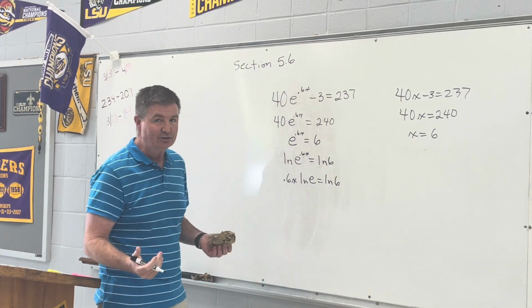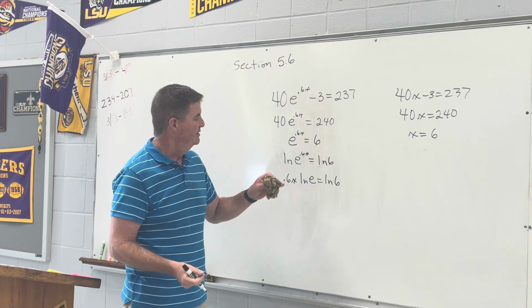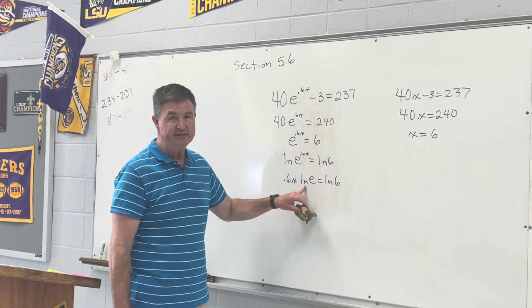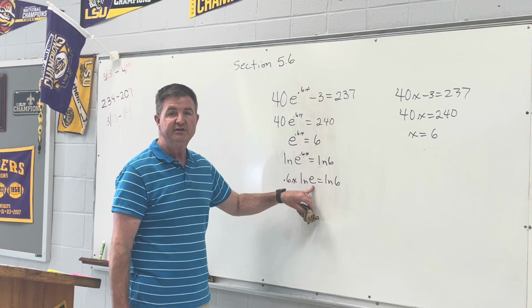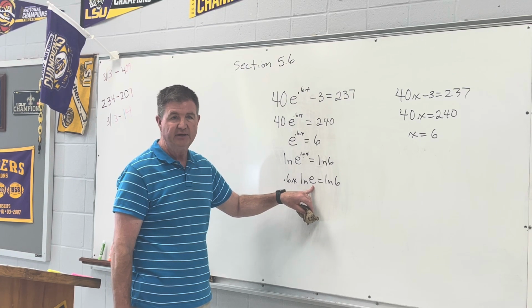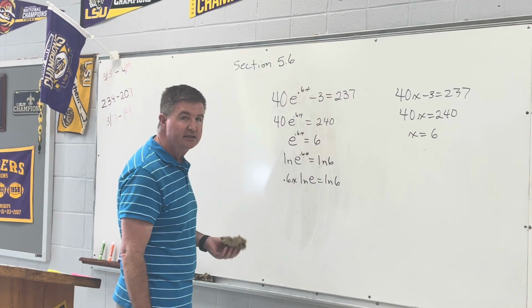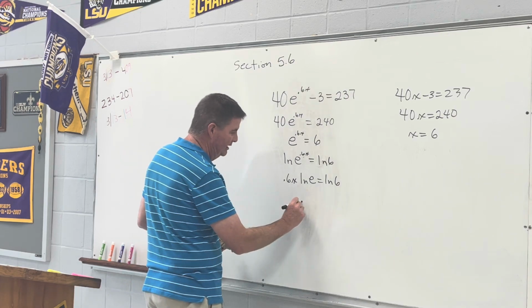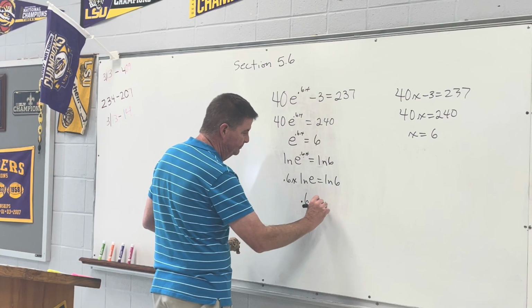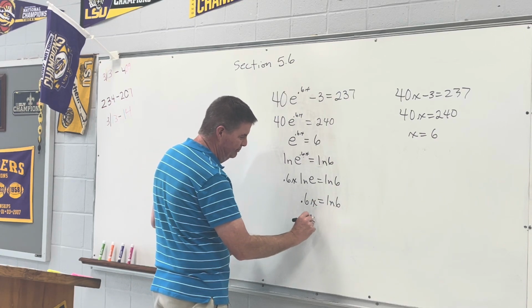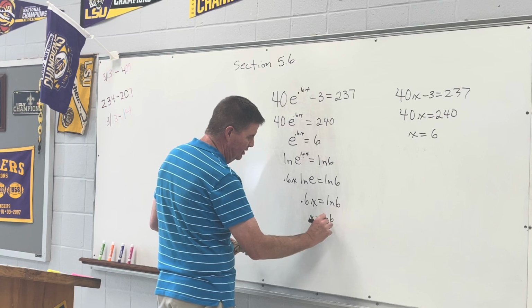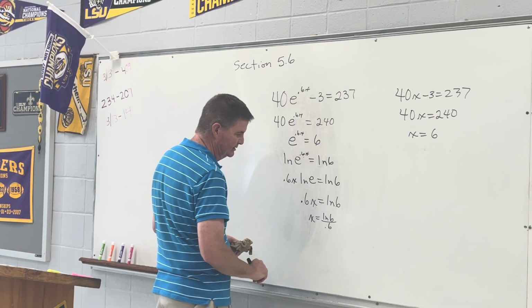Now, natural log is the one I like to use, and the natural log is the one we have to use in this case, because the natural log of e is one of the general log properties that we learned. The natural log of e is 1. So I don't have to write anything, it's 1. And then we solve by dividing by 0.6, so x equals natural log of 6 over 0.6.